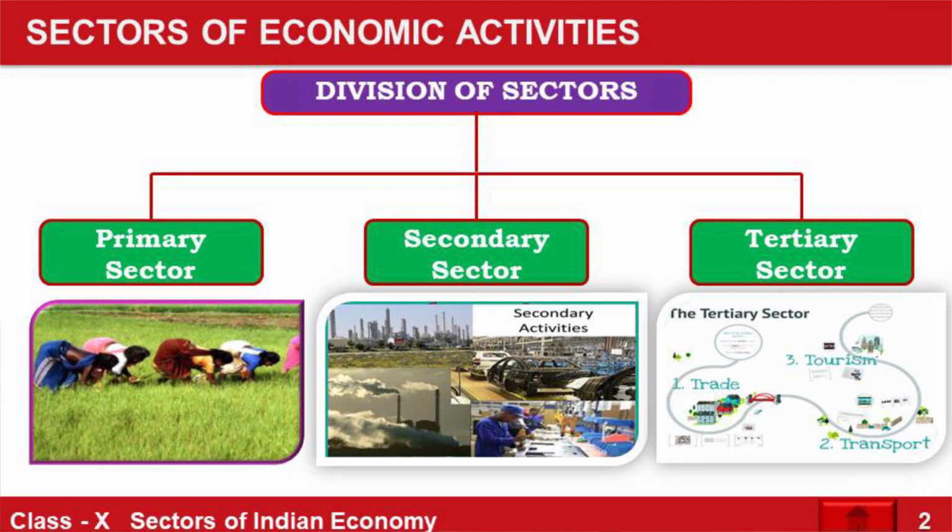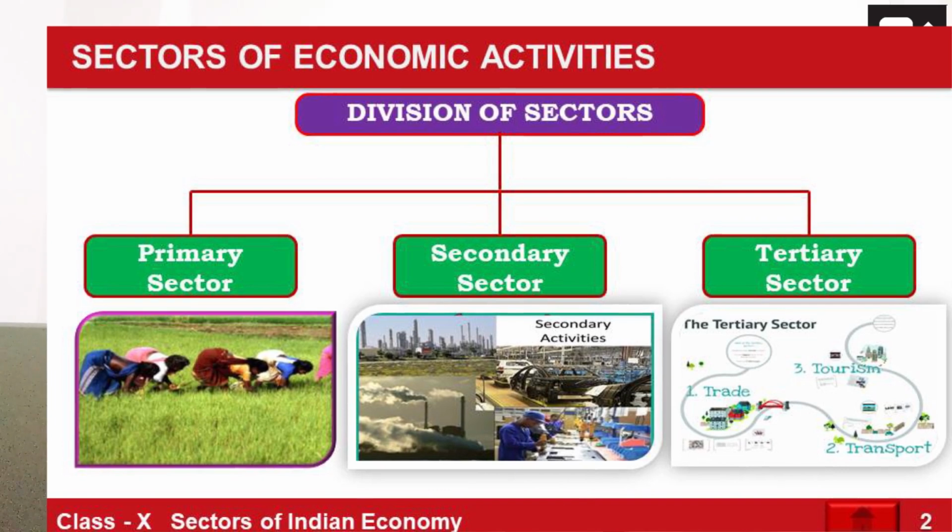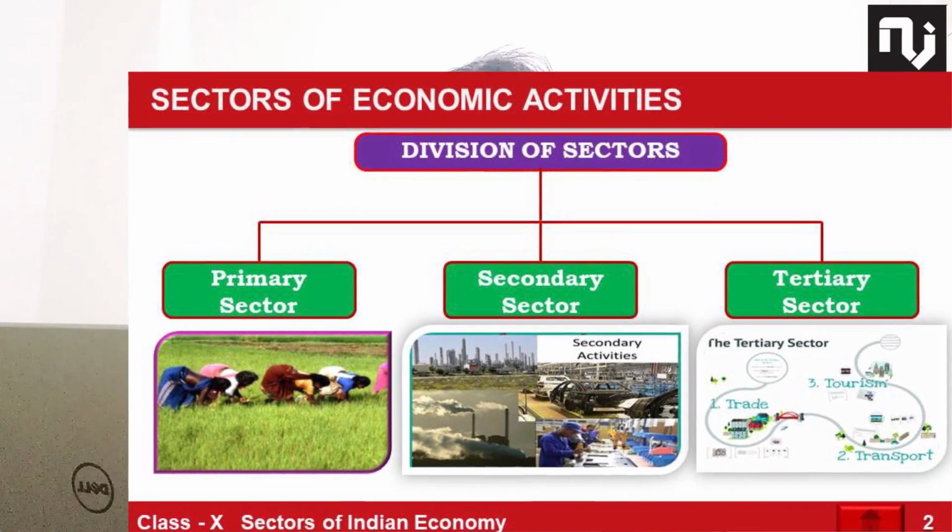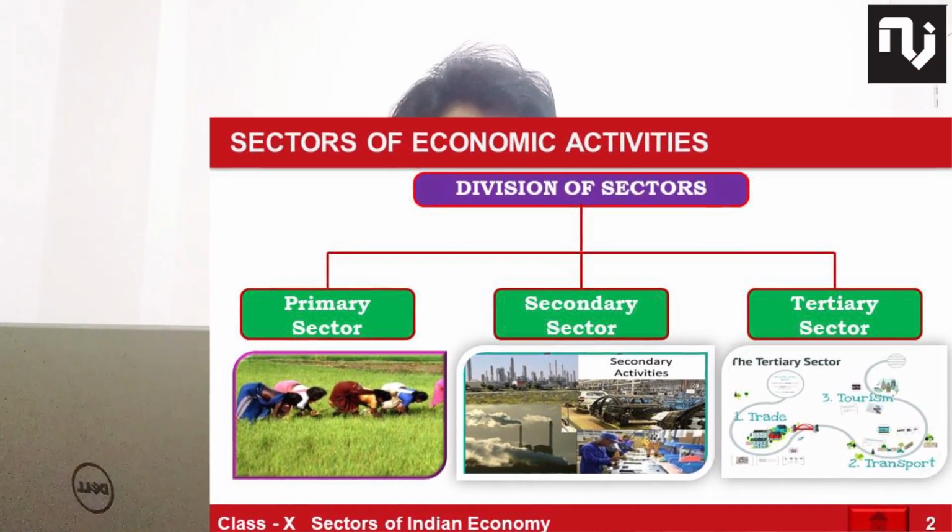The third one mentioned here is the tertiary sector, also known as the service sector. In that sector, we do not manufacture anything and we are not directly connected to nature. Here, one person or organization provides services to another person or people. For example, take a driver in your house.